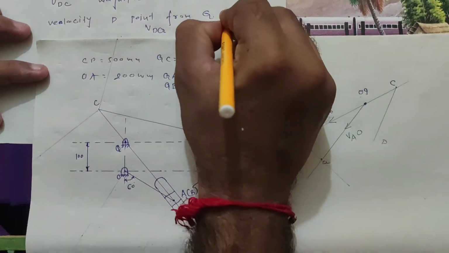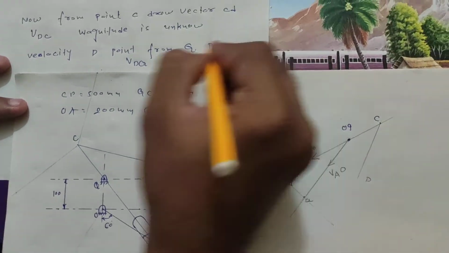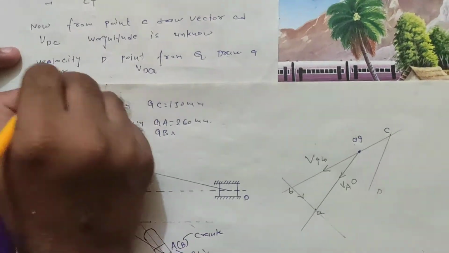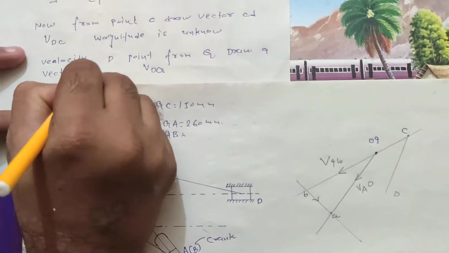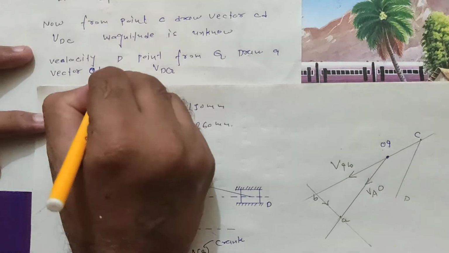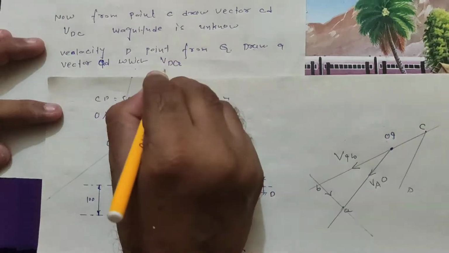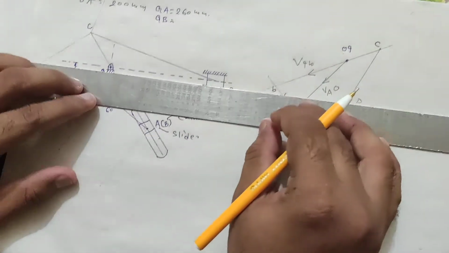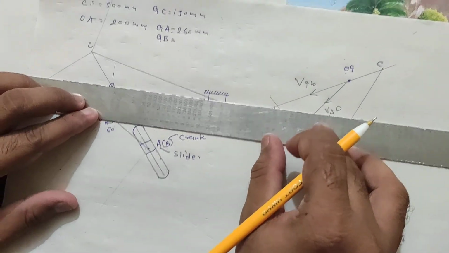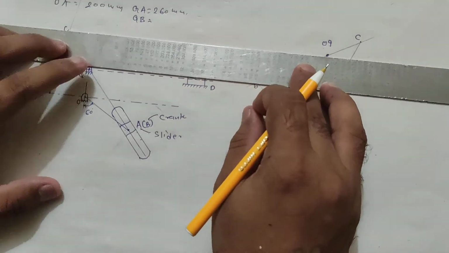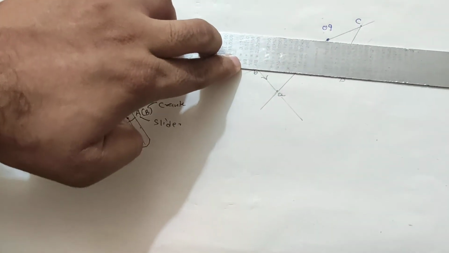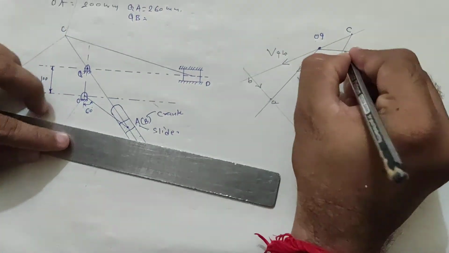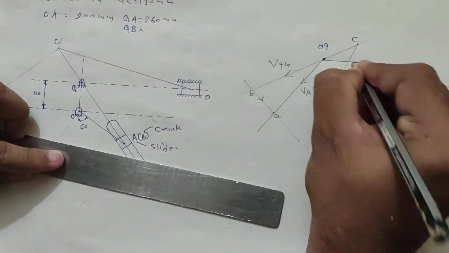So here we have to draw a vector qd, which represents the velocity of DQ. How can we draw it? This is the line of stroke, this is parallel, so we extend it maybe like this. Clear? Wherever it intersects, that point is our D.